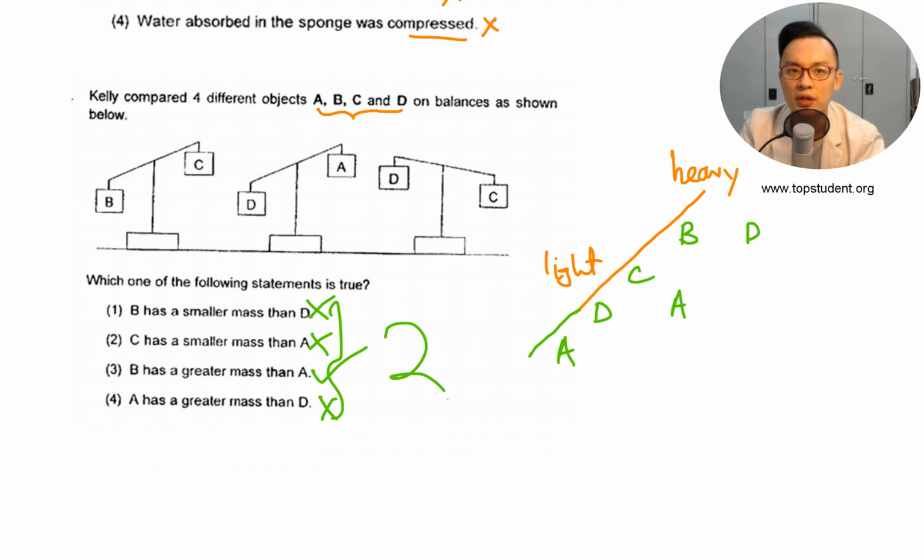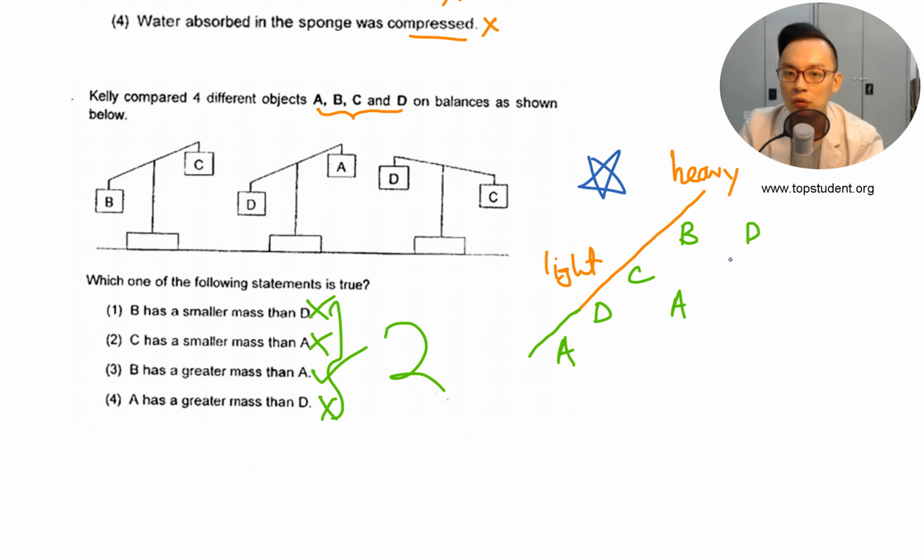Alright, so for this kind of questions, it's super critical that you do this upward slope thingy. If you don't do it, and I'm sure if you have tried this kind of questions before and you never do, it gets very, very confusing. Who is heavier than who? My brain cannot take it, not to say yours.